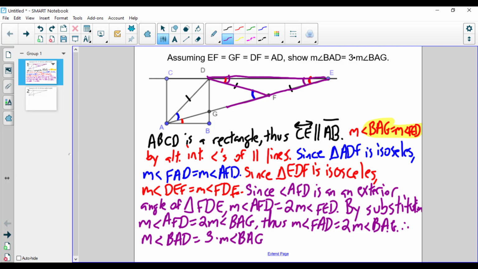So because that one angle is twice as big as BAG, that means the larger overall angle is 3 times as big. It's kind of a unique relationship that is always true. And that's how you show why the insertion principle is an appropriate method, other than the fact that it does not follow the classical tools.